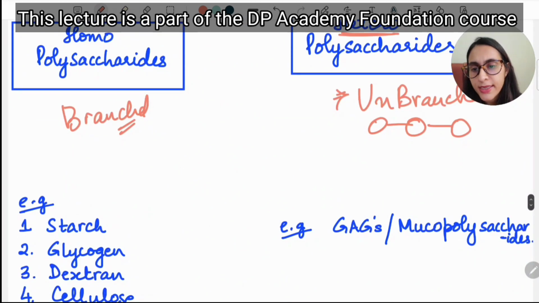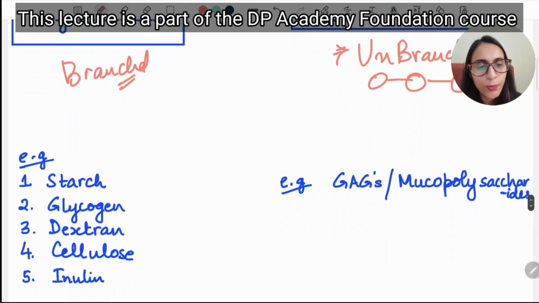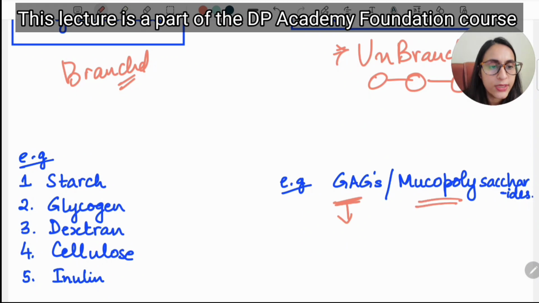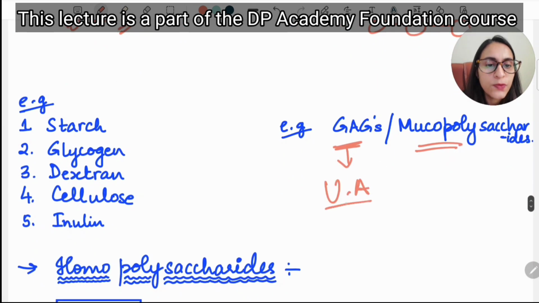Examples of homopolysaccharides are starch, glycogen, dextran, cellulose, inulin or chitin. An example of heteropolysaccharide is glycosaminoglycan, also known as mucopolysaccharides. Glycosaminoglycan is made up of uronic acid, which we have already covered.